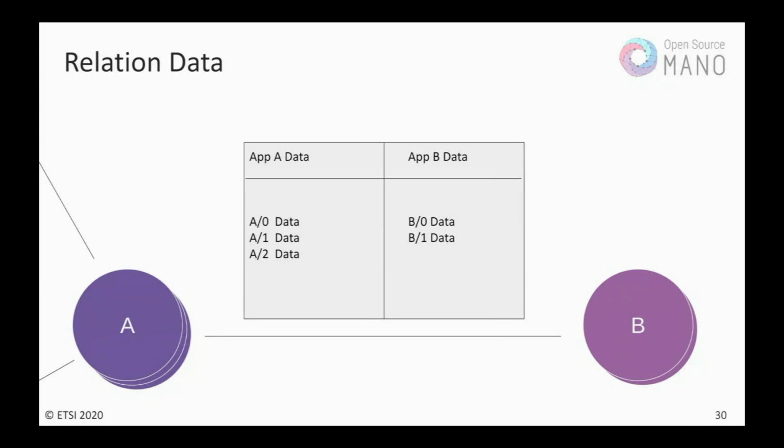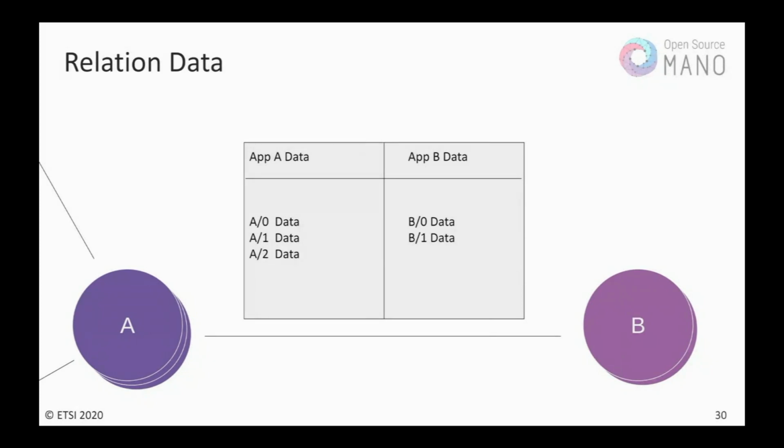So in other words, I can only integrate A and B if the charm for A says, I speak a certain charm interface, and the charm for B says, I speak the same interface. So that's how we know that charm A and charm B have the same expectations about what's going to be in this data bag, right?